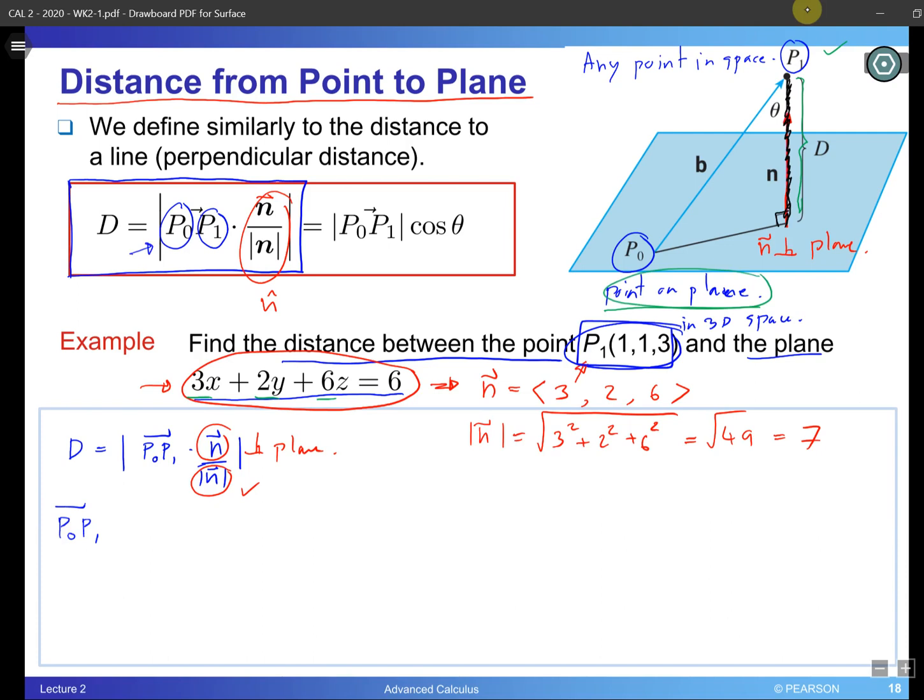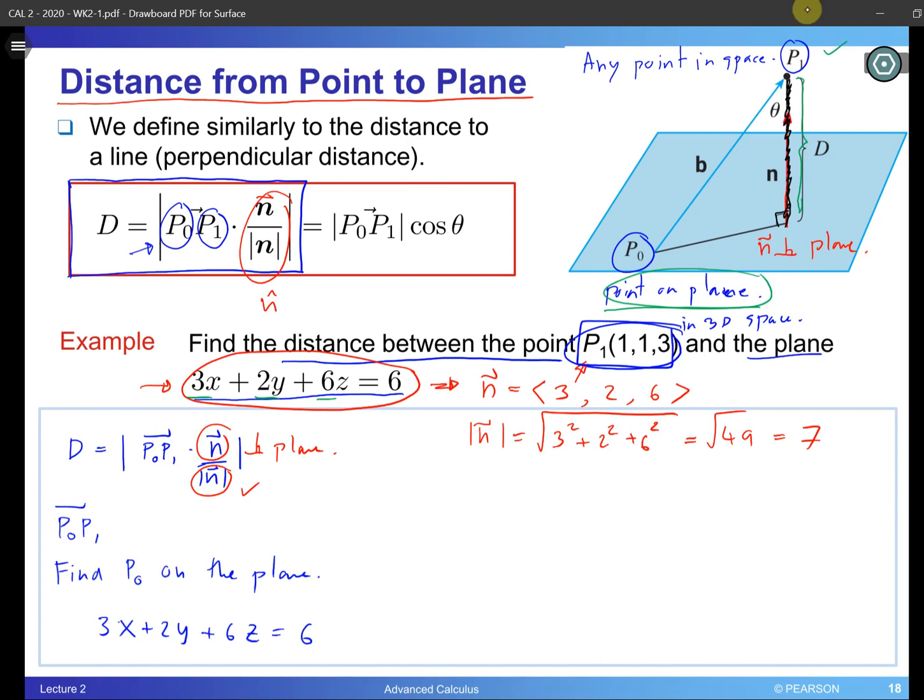The first thing we are going to do is to find point P0 on the plane. Okay, and here's how we do that. We have this equation 3x plus 2y plus 6z equal to 6, and all we need to do is to find some x, y, z values that make this equation true.